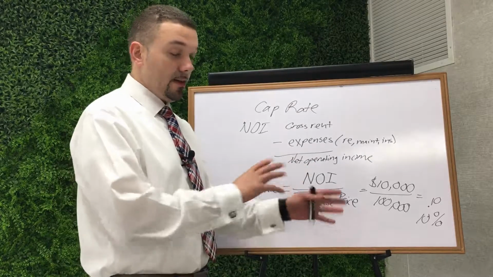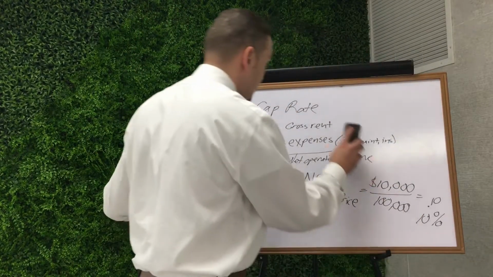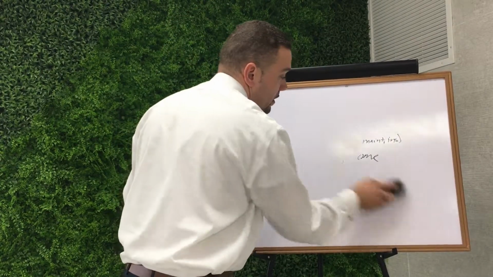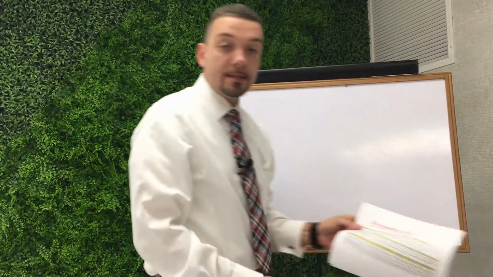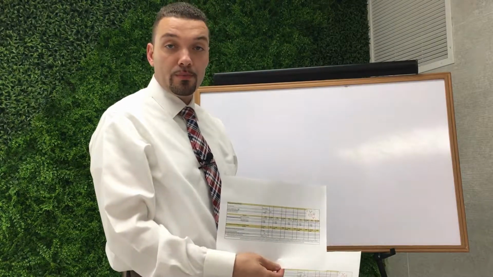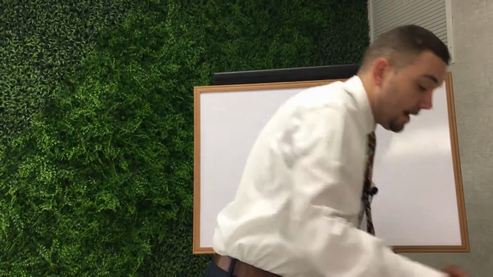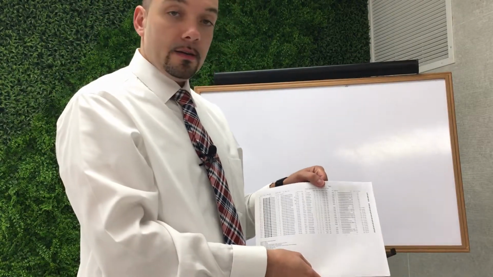So now that we have a description of what the cap rate is, let's take a couple of examples here. I've done two examples. One is a residential comparison, and one is an Ivory 214 project, which is a commercial project. For the residential comparison, I looked up all of the rentals effective today, June 11, 2018.